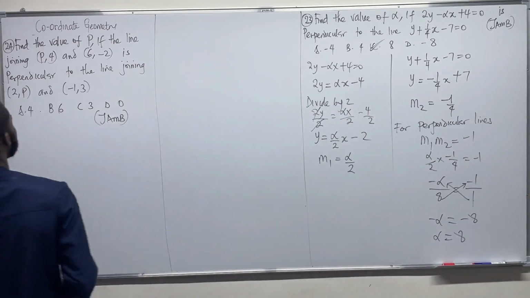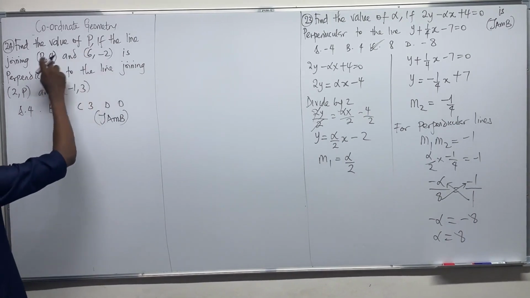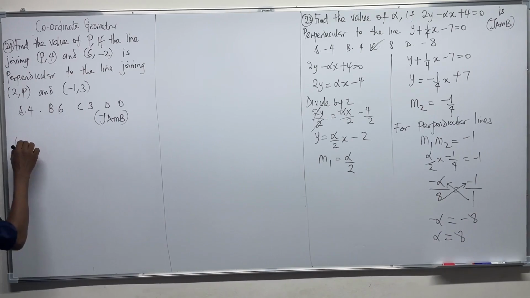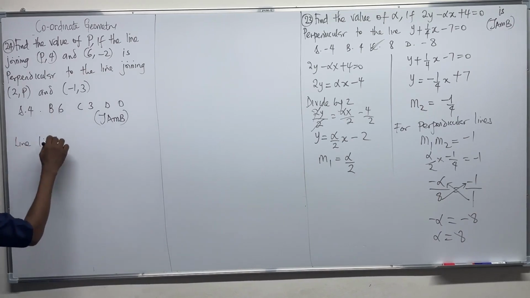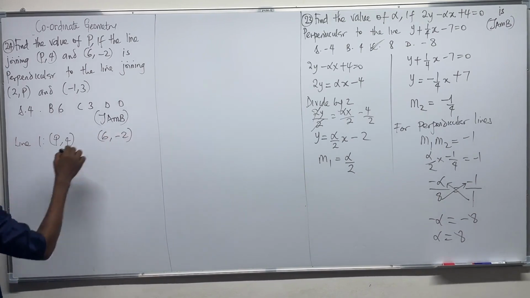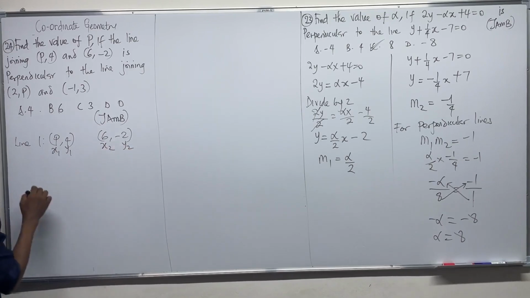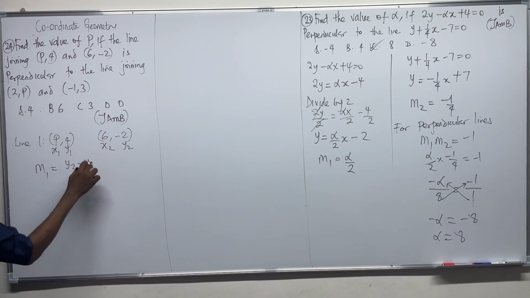So right now, let's find the gradient of this first line. Let me say line 1. Line 1 is passing P, 4 and 6, minus 2. This is x1, y1. This is x2, y2. So m1, the formula for m is y2 minus y1 over x2 minus x1.